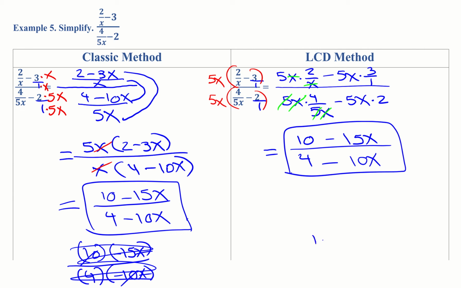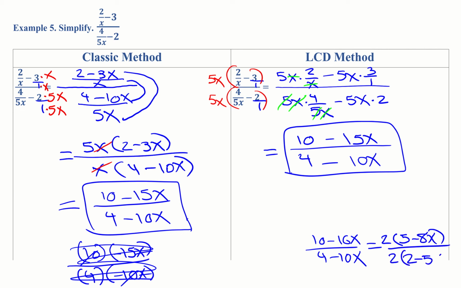Just for argument's sake, if we had 10 minus 16x over 4 minus 10x, notice now 2 is a common factor in all 4 terms of this. So here it would not be a waste of time to take out the 2. That would leave us 5 minus 8x over, factor out the 2 downstairs, 2 minus 5x. Then we cancel the 2's and we would be left with 5 minus 8x over 2 minus 5x.